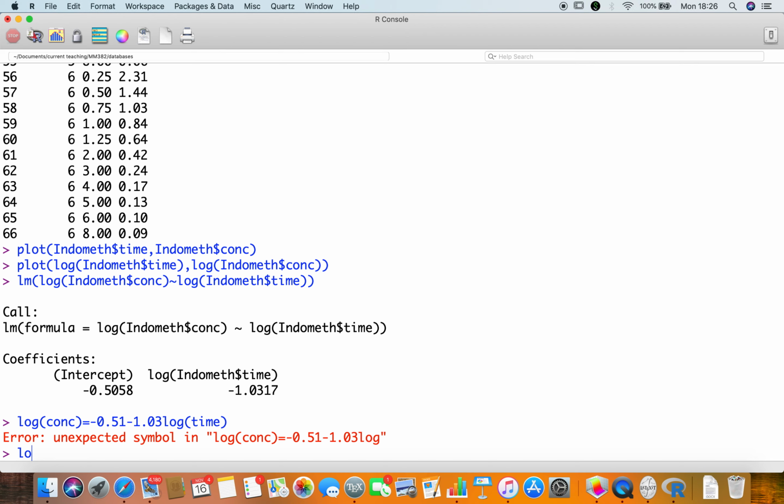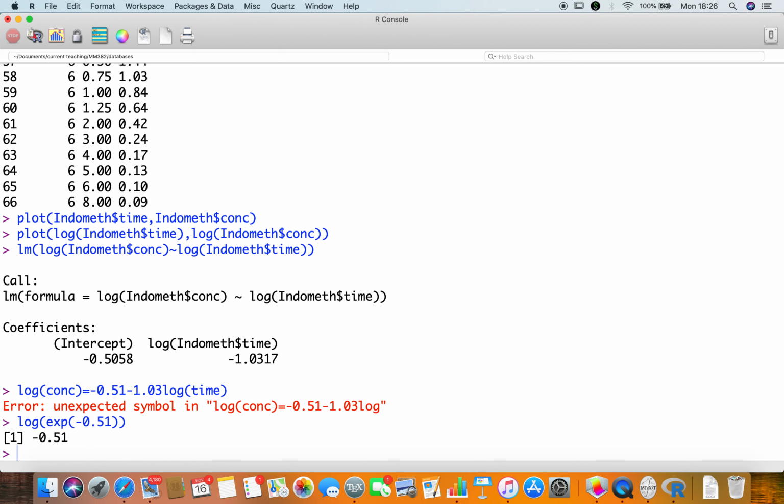If I take the log of the exponential of minus 0.51, I get minus 0.51, because log and exponential are inverses of each other. So I can write minus 0.51, which is what I have here, as log of the exponential of minus 0.51.